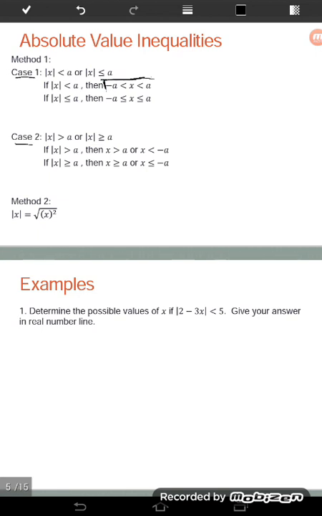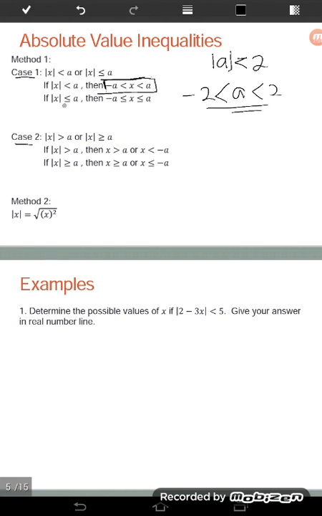Kita ada satu sahaja, negative a less than x less than a. So for example, modulus a less than 2. So ni lagi kecil, jawapan dia ada satu je. So you can open a less than 2 and greater than negative 2.